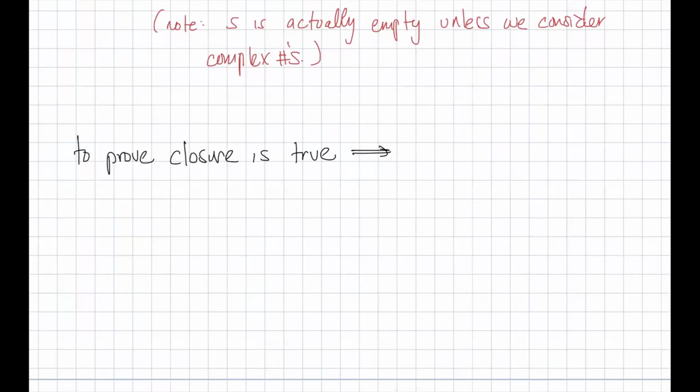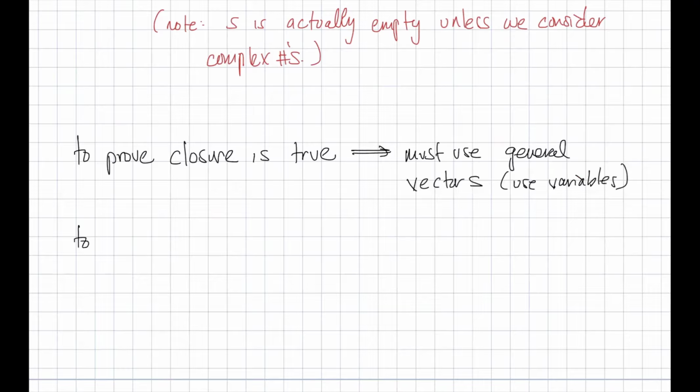So to prove closure is true, you must use general vectors. So, Andrew, you've got to use variables.